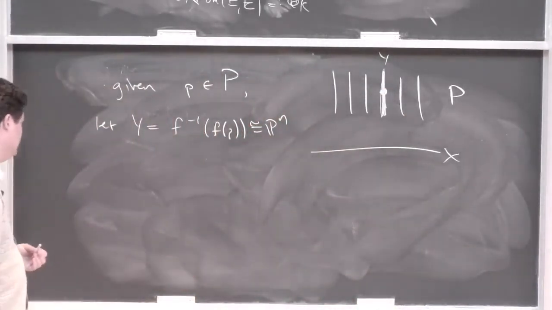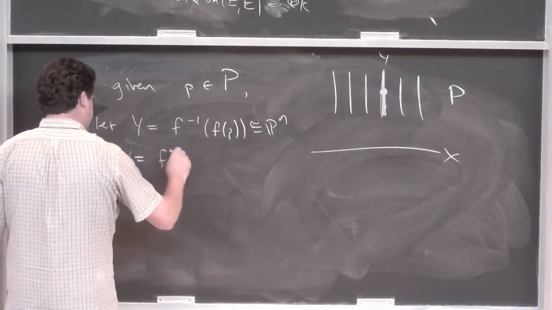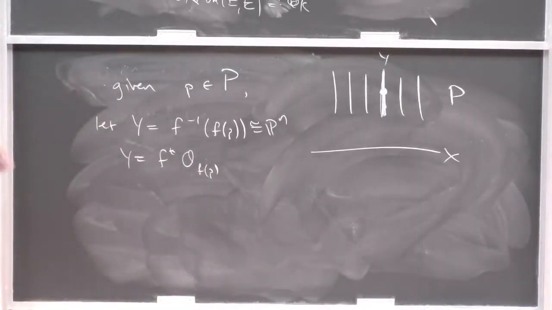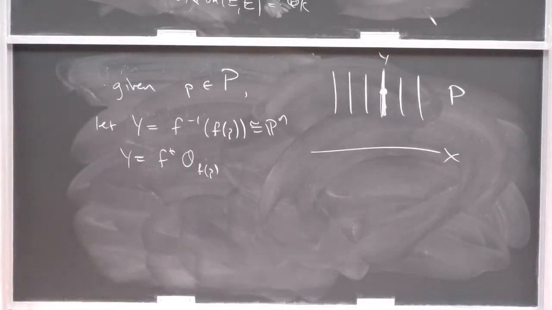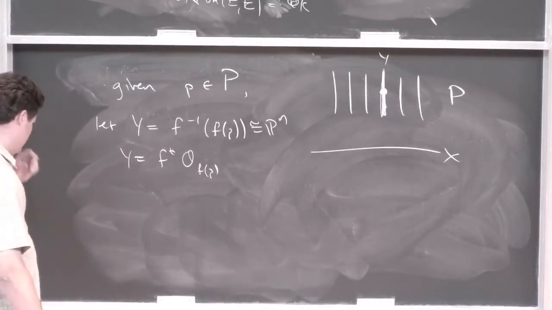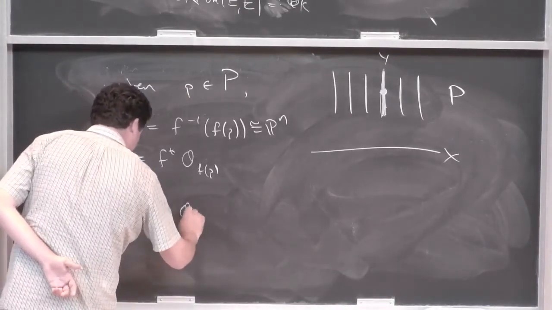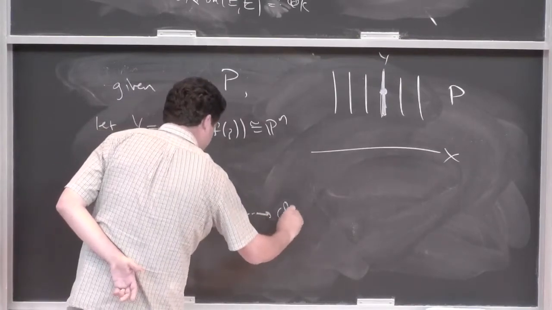Right, so O of Y is F upper star O of F of P. And we can generate: we have O_Y going to O_Y(1) to the n and so on to O_Y(n).